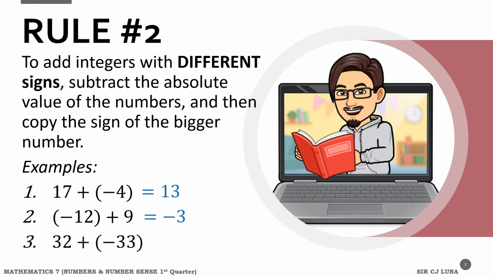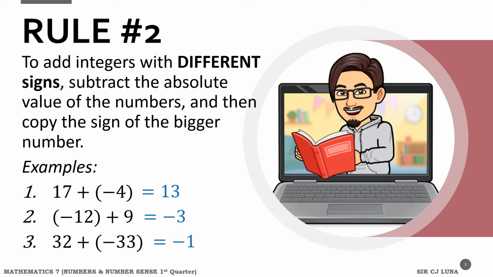Lastly, we have 32 plus negative 33. So since they have different signs, subtract 33 and 32. 33 minus 32 is 1. And the sign of the bigger number 33 is negative, so the answer is negative 1.